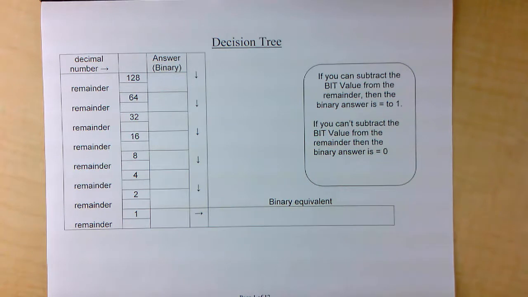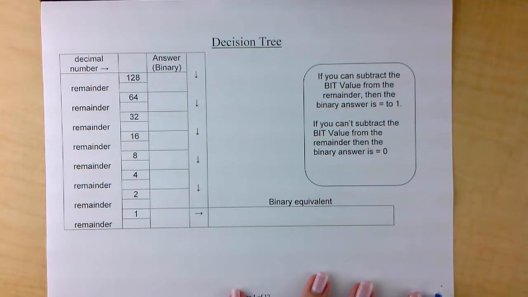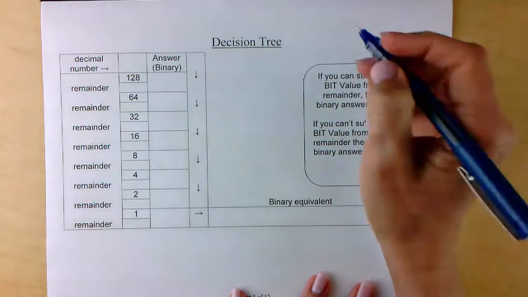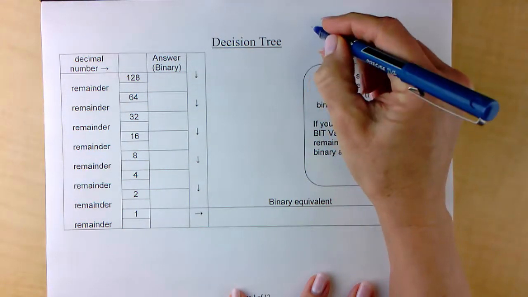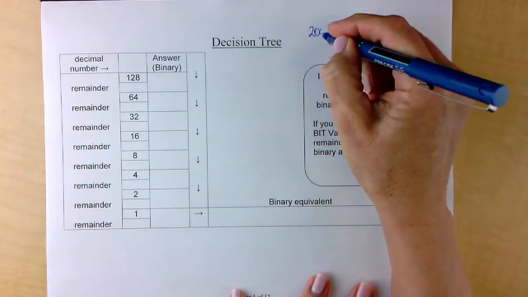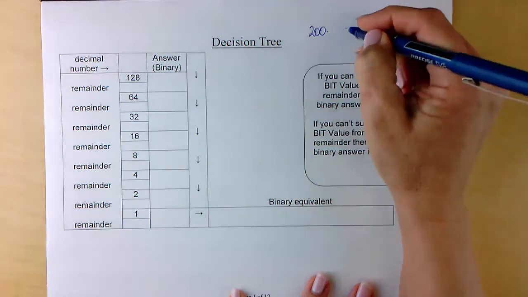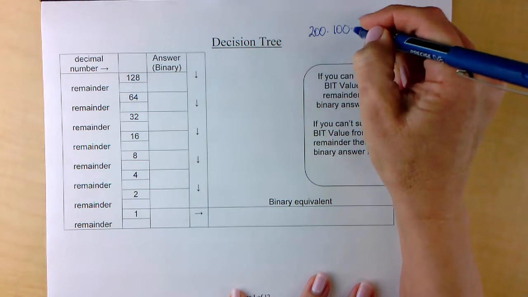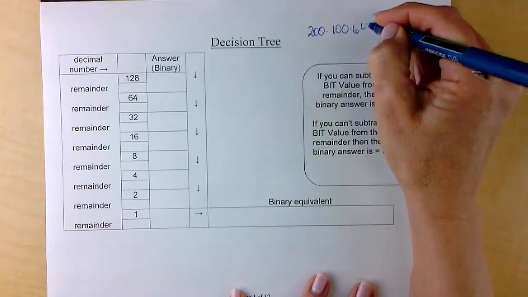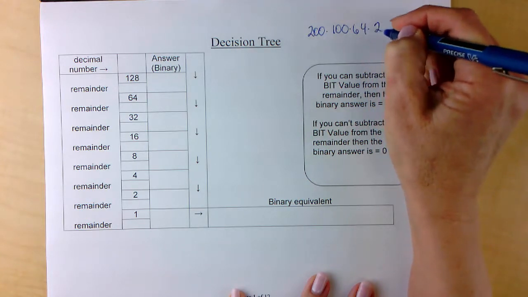We're going to use a decision tree or a chart similar to what we used when we converted something from binary to decimal, when we do decimal to binary. So let's take a look and assume that we had an IPv4 address of 200.100.64.2.